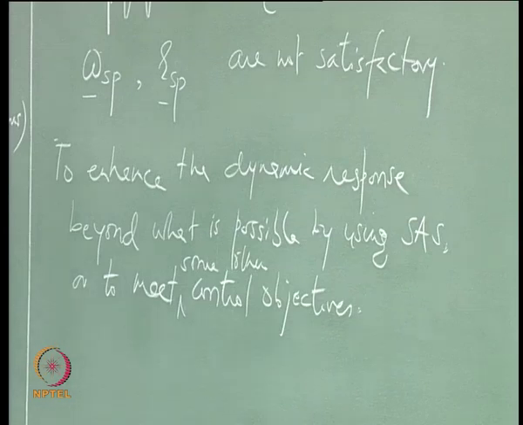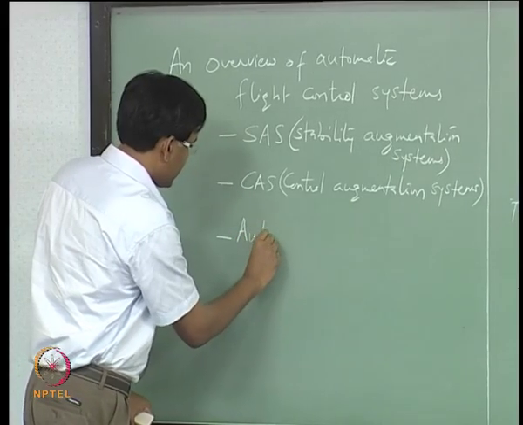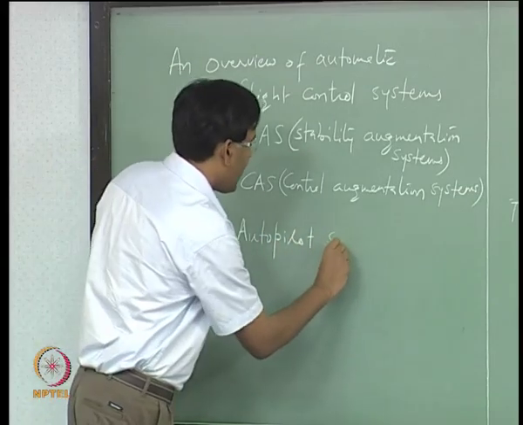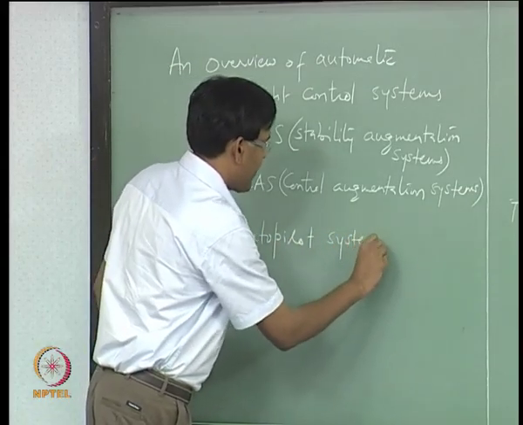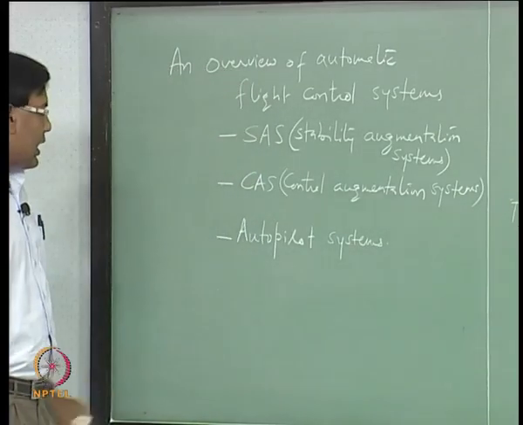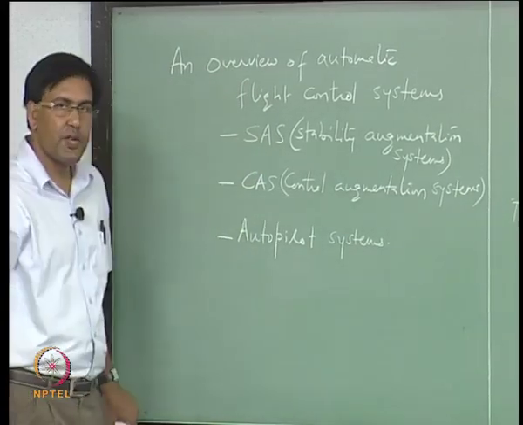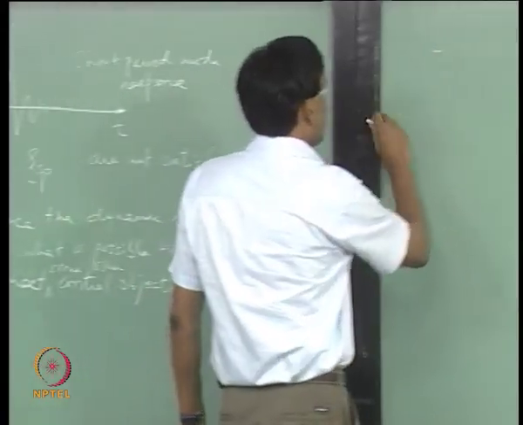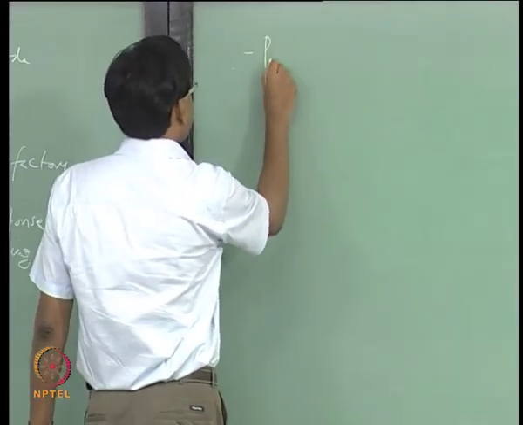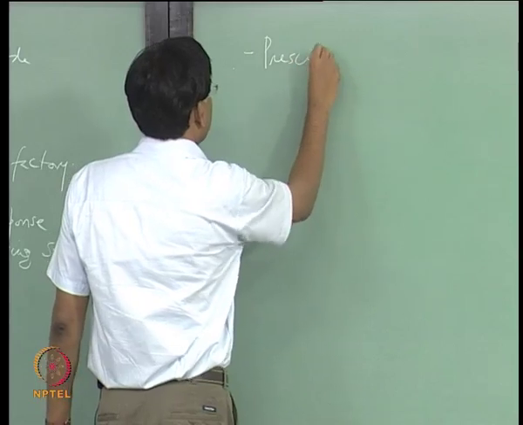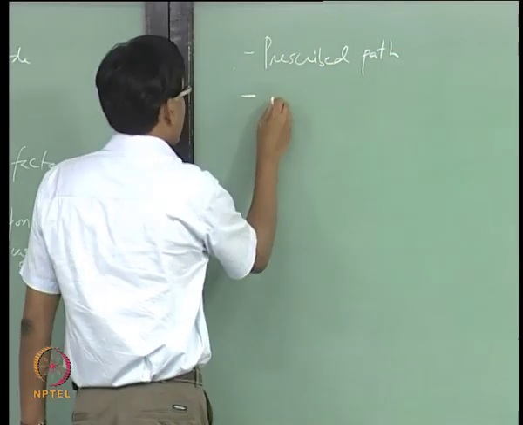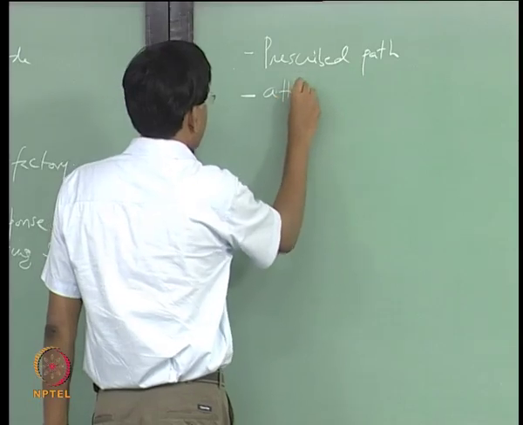The third one, which we will talk about a little more in detail, is autopilot systems. Autopilot systems are mainly used to keep the aircraft on a prescribed path or attitude.